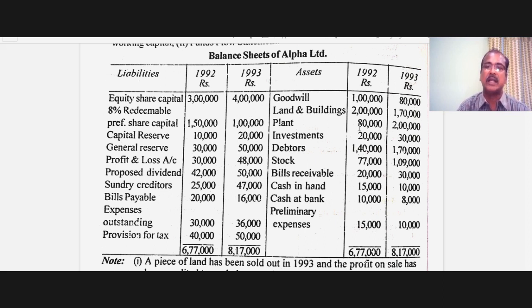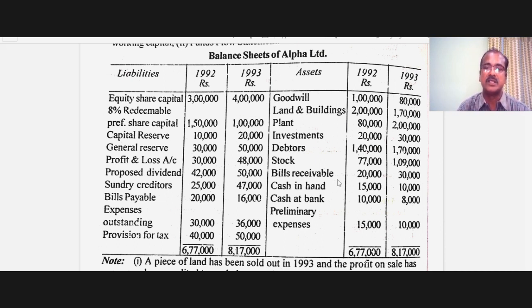Plant and machinery, you can assume 80,000 rupees, 2 lakh rupees, we will prepare ledger account for it. Investments 20,000, 30,000. You find there is an increase of 10,000 rupees in the value of investment, but we can't come to a conclusion just like that now. After looking over the additional information also, we will decide about what is to be done with the investments.